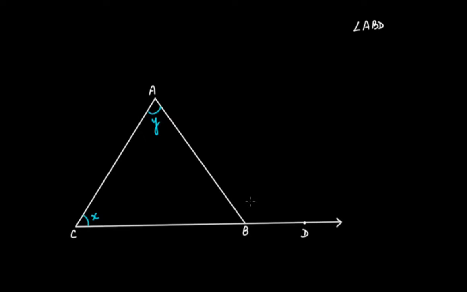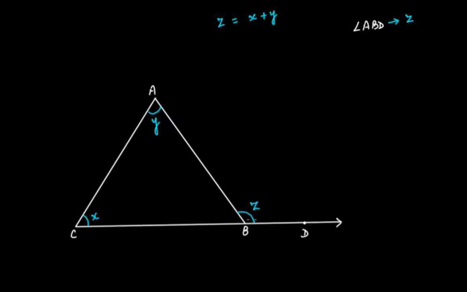Now what you have to do is, if we take this angle as angle ABD, or even let's name it as angle Z, okay? We are naming this as Z. So if this is Z, then we'll now prove that actually this exterior angle, that is Z, that is ABD, is equal to the sum of these two angles, that is X and Y. That is, the exterior angle is actually equal to the sum of interior opposite angles.